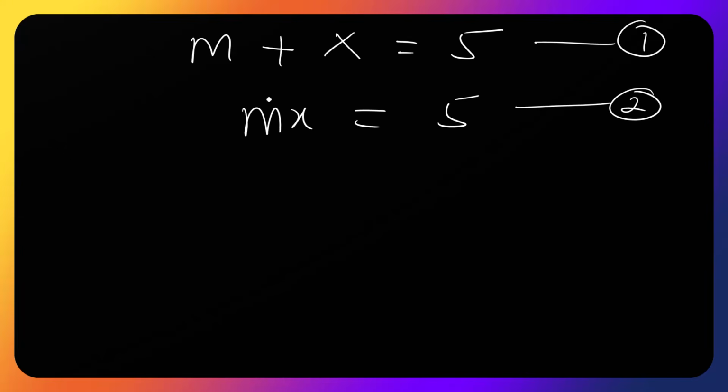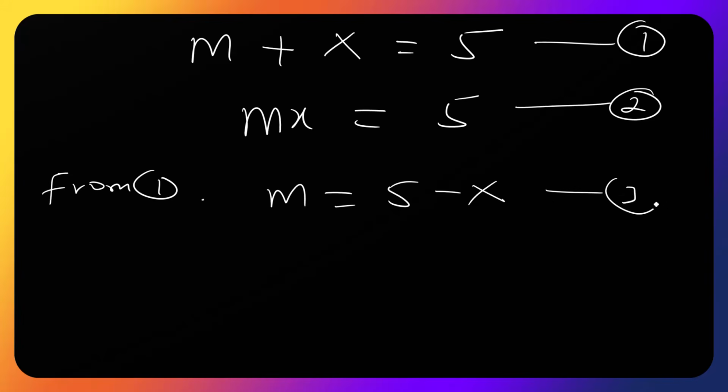From here we can make one of the variables from equation 1 the subject. So from 1, m is the same as 5 minus x, so that will be the third equation.